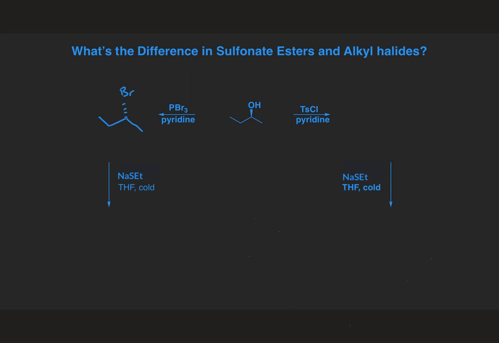And so since that alcohol was coming out of the page at us, the bromide is going to be going back into the page. If we then treat that with something like this reagent, which is going to split up into sodium plus and SEt minus. Remember, that's a sulfur with an ethyl group attached to it, with a minus charge, and that sodium had a plus charge.